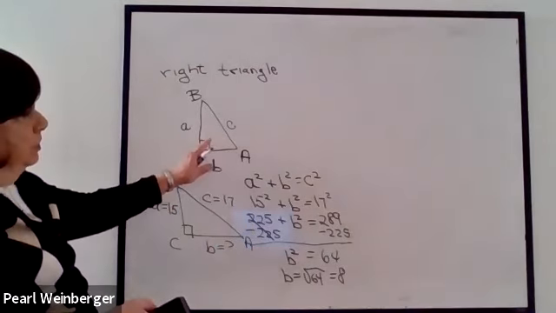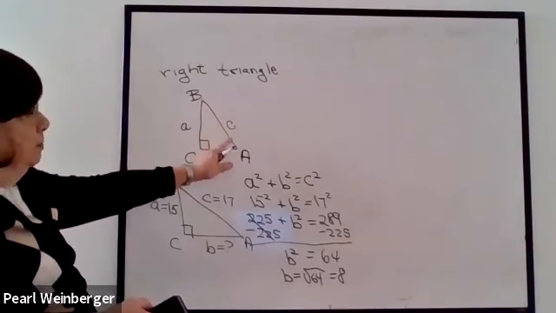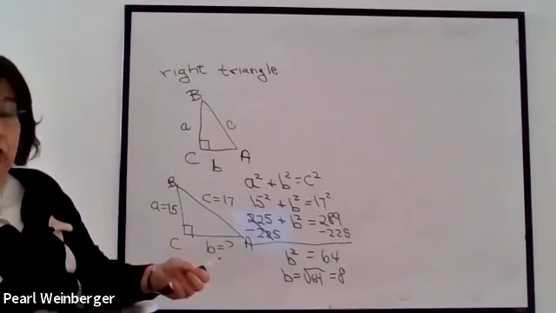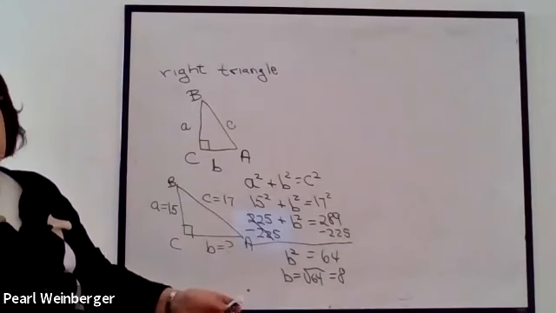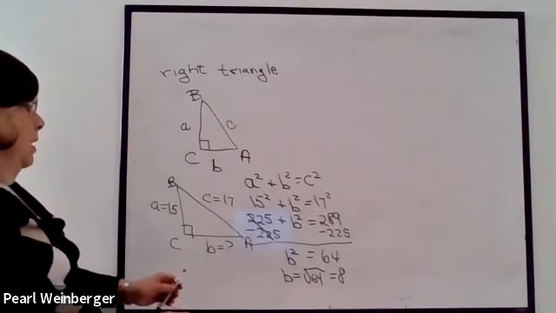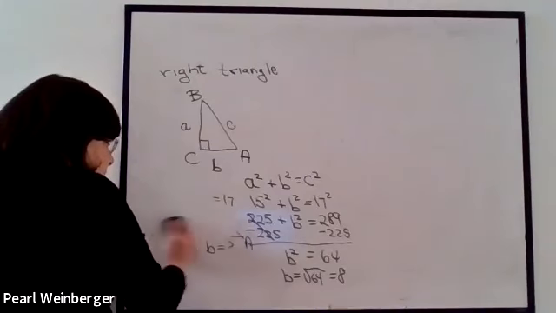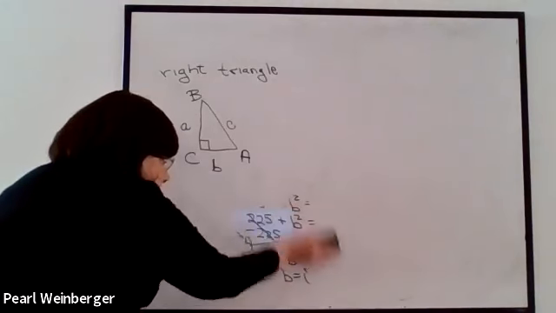And then, of course, since we know that the C is 90, it means the A and the B together have to add up to 90 to make the total equal to 180. But we don't know specifically how big those angles are. And something that allows us to do that is the study of trigonometry.